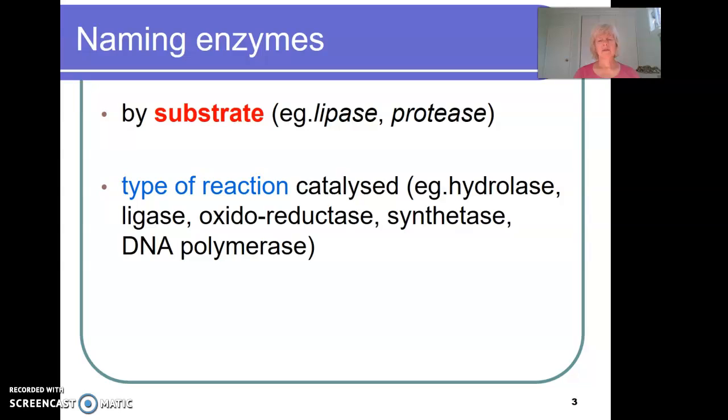Other enzymes are, for example, DNA polymerase, an enzyme that is building DNA. Or a hydrolase, which is hydrolyzing certain molecules, which means it is breaking them by adding water. Or a ligase, which is an enzyme that is joining molecules in DNA synthesis.